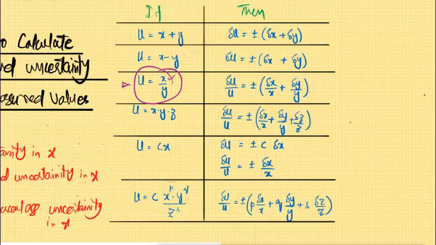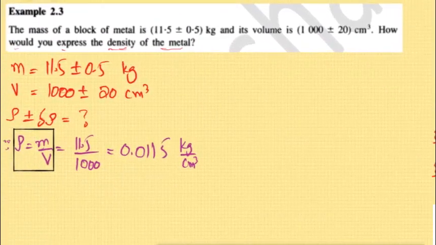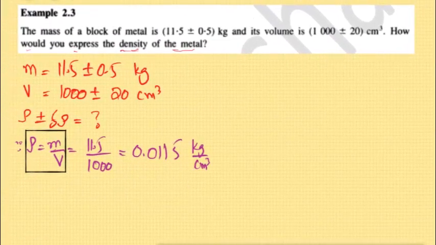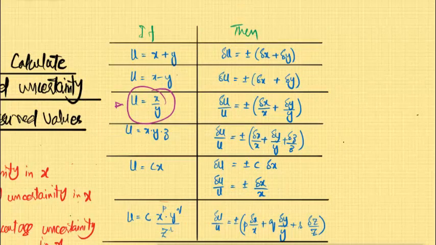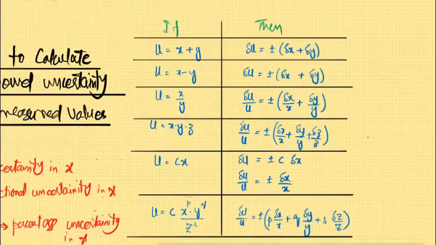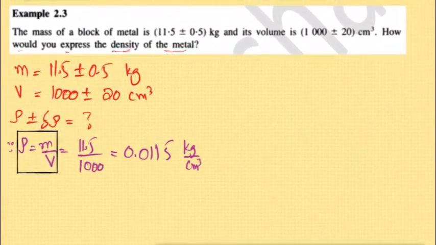Here in this case it is x and y to get u, but in our case I have mass and volume, and they are getting divided to get the density. So now I am going to make my own equation for the error in density, and let's see how I am going to do this.